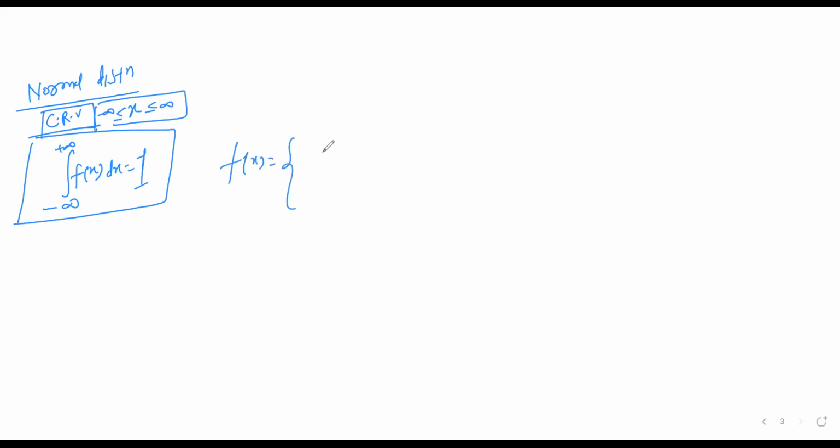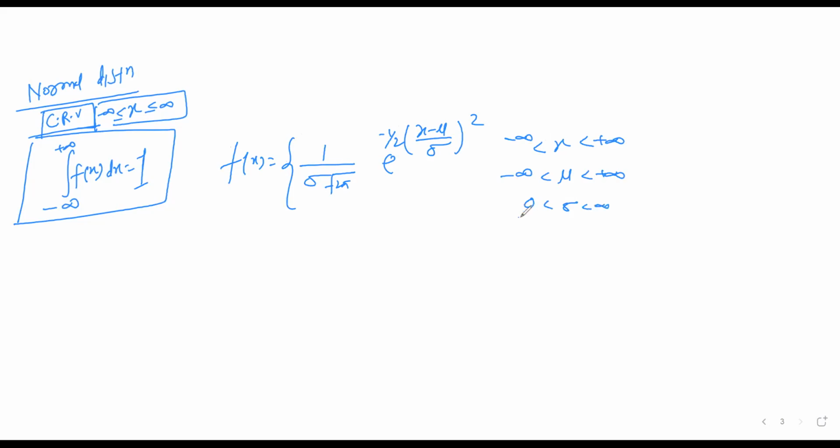The normal distribution function is defined as f of x equals 1 by sigma root 2 pi, e raised to minus 1 by 2 times (x minus mu by sigma) whole squared, where x varies from minus infinity to plus infinity, mu also varies from minus infinity to plus infinity, and sigma varies from 0 to infinity.